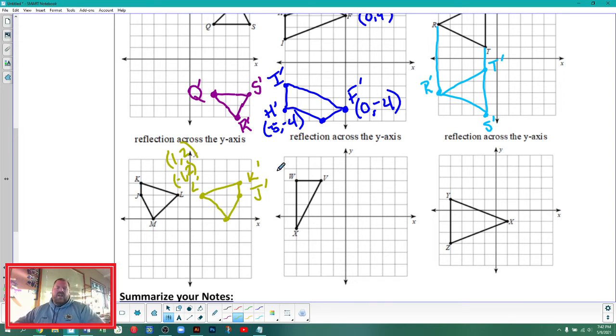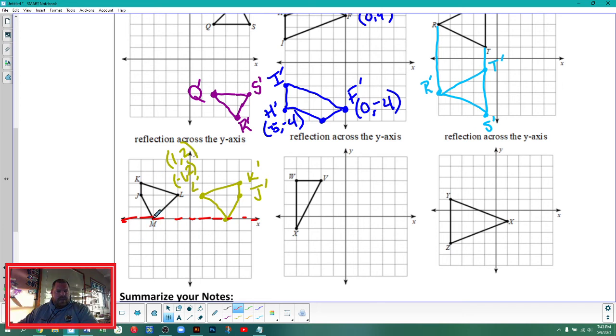Okay, I'm not seeing any on these ones, but if we were to reflect this across the x-axis, just as an example, where would M go? So if instead I reflected it across this line, where would M move to? Okay, and I bring this up because it doesn't really happen in any of these problems, but it is important.